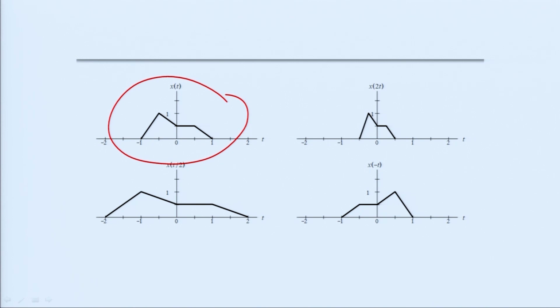What are the basic elementary signals? Unit step, unit ramp and impulse. You can see the signal consists of unit ramp, some unit step, then again unit ramp.